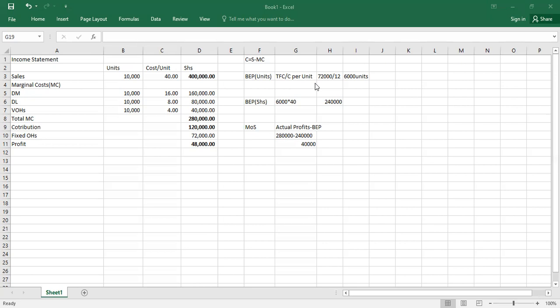Find out the level of output in units. You can see now the margin of safety is being put into play, where an expectation is being put for you to see whether you're going to report a profit or you need to increase the number of outputs to get to that particular point. So how do we start?